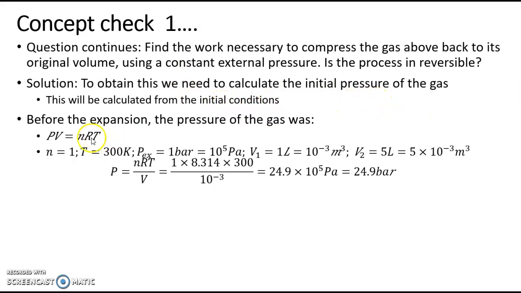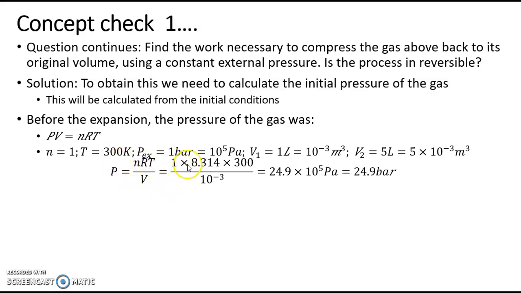So the initial pressure will be calculated from the initial conditions, which is V1. The temperature is constant, so we need to calculate the initial pressure in which the gas was before it was allowed to expand to V2. So if we put this into the ideal gas equation, PV equals nRT, where we make P the subject of the formula, it becomes nRT over V.